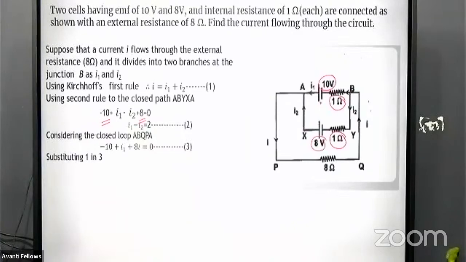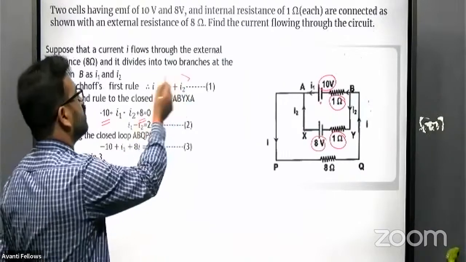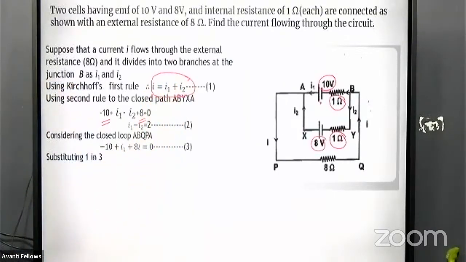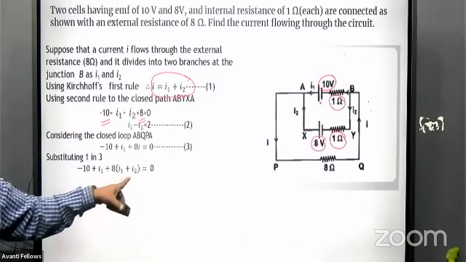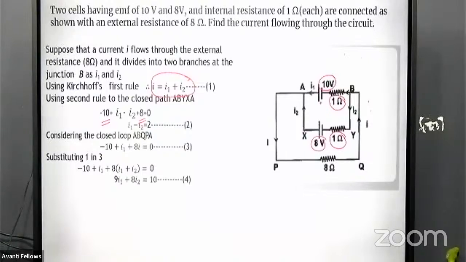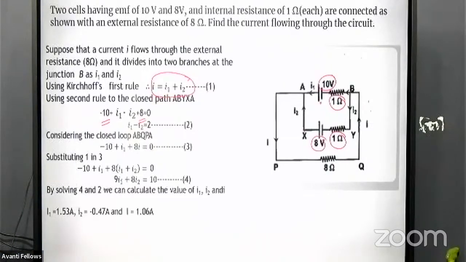Then we substitute I1 plus I2 equals I in equation 3. Instead of I, we put I1 plus I2. So we get 9I1 plus 8I2 equals 10. Then equations 4 and 2, we can solve and calculate the values of I1 and I2. So I1 is 1.53, I2 is 0.47 and I is 1.06 ampere.